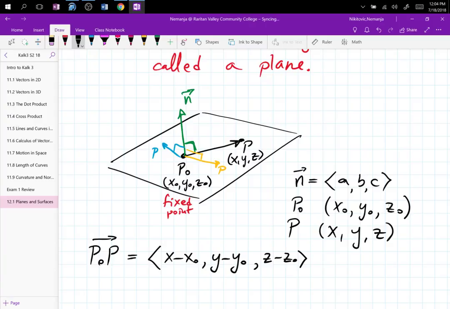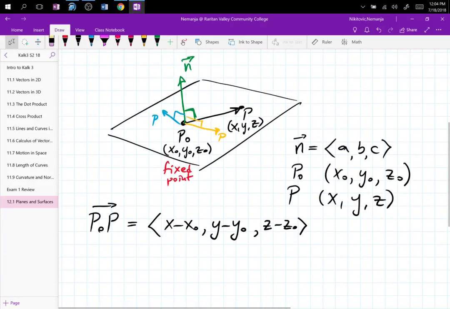And we are requiring that this vector P0P, which is our black vector, blue vector, and yellow vector, be orthogonal to the green vector n. What mathematical concept can we write for orthogonal vectors? Dot product is 0.